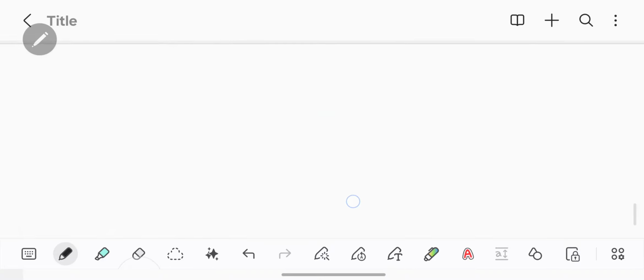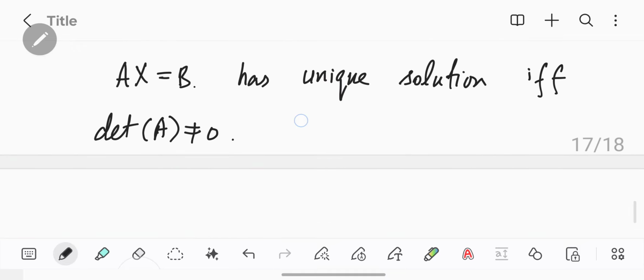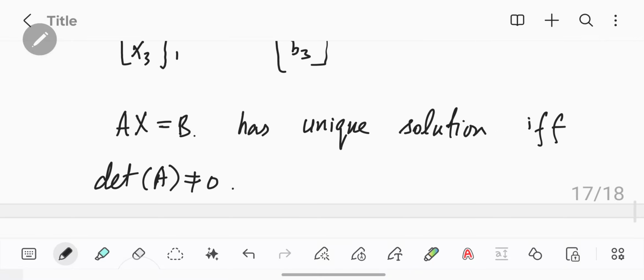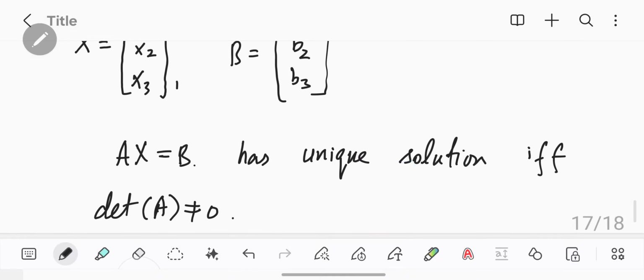So this system is solvable, or it has a unique solution, if and only if the determinant of A is not equal to 0. If the determinant is not equal to 0, then we can shift the matrix A to the right side of the equation, because we have to solve this system.